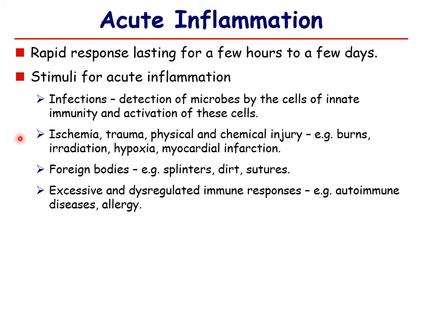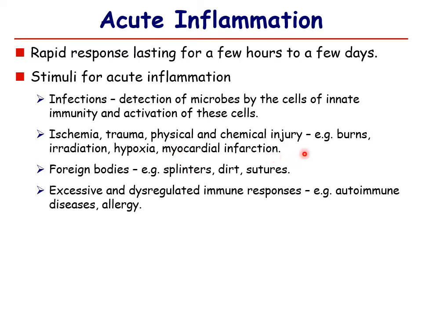Non-infectious situations such as ischemia, trauma, and physical and chemical injury also induce acute inflammation. Examples include burns, irradiation, which damages the cells, hypoxia, which is lack of oxygen, and myocardial infarction.